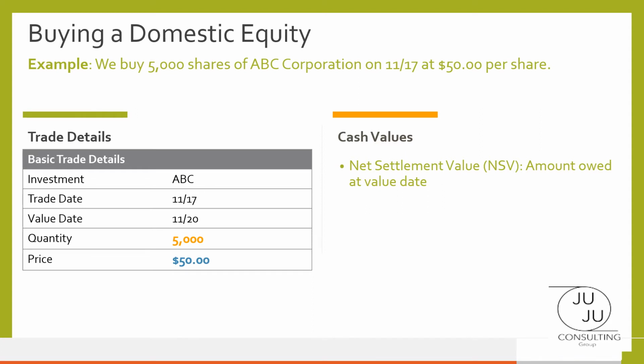The NSV is the amount that we will need to pay on value date. It is calculated as follows. Quantity of 5,000 times price, 50, equals $250,000.